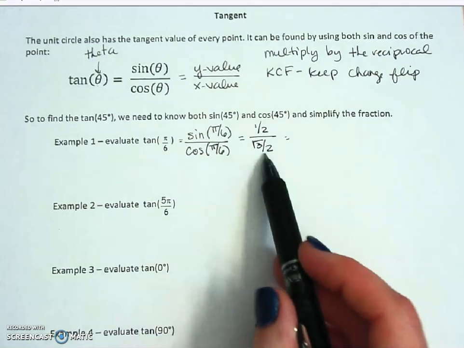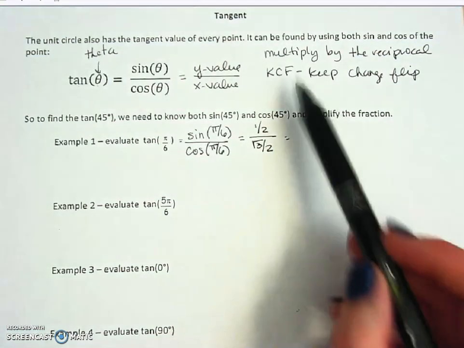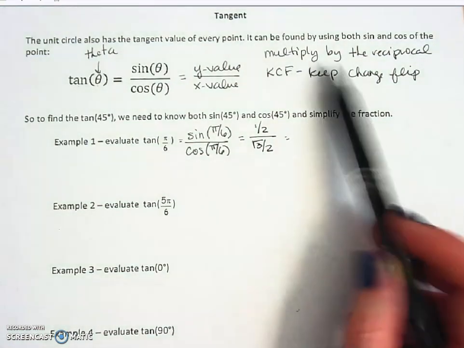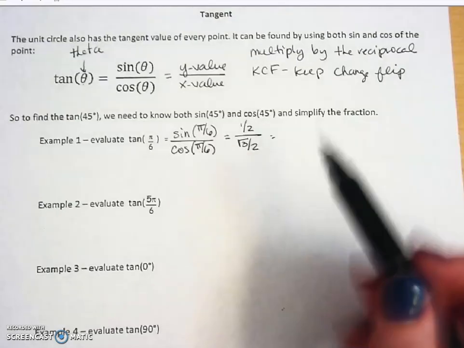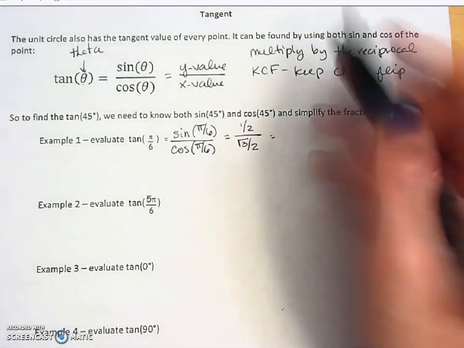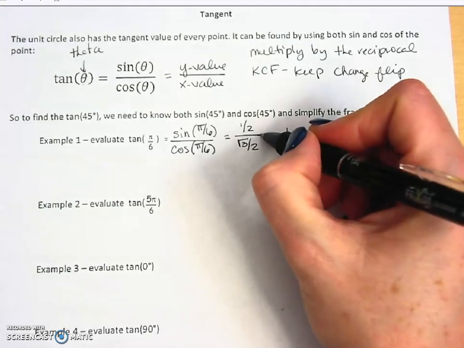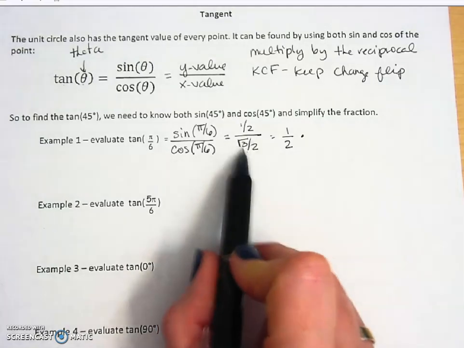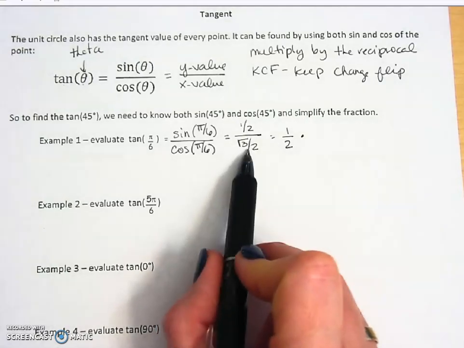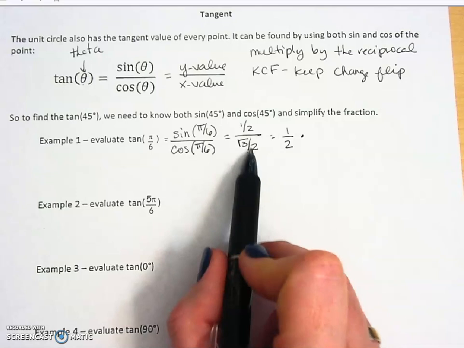So because I have a fraction in the denominator, I'm going to apply the keep, change, flip, or multiply by the reciprocal property. So that means the numerator stays the same, 1/2. Change the division to multiplication, and then take the reciprocal of the bottom fraction, or flip the fraction that's in the denominator.